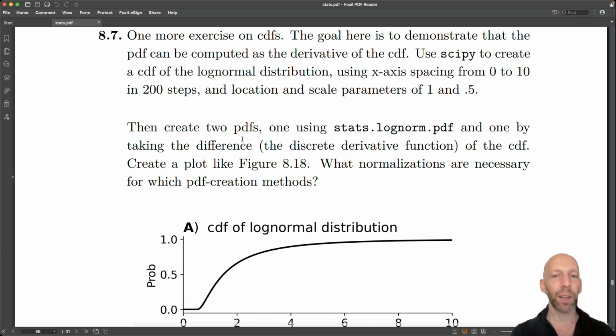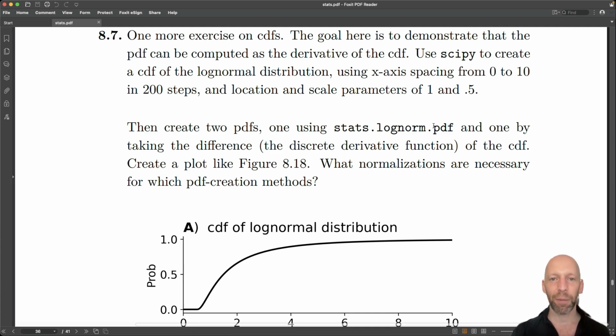Okay, so start by creating the CDF and generate a plot of that CDF, which you see here. And then you want to create two PDFs, one using stats.lognorm.pdf, and one by taking the derivative, which on computers is the discrete difference of the CDF. So I hope that makes sense.